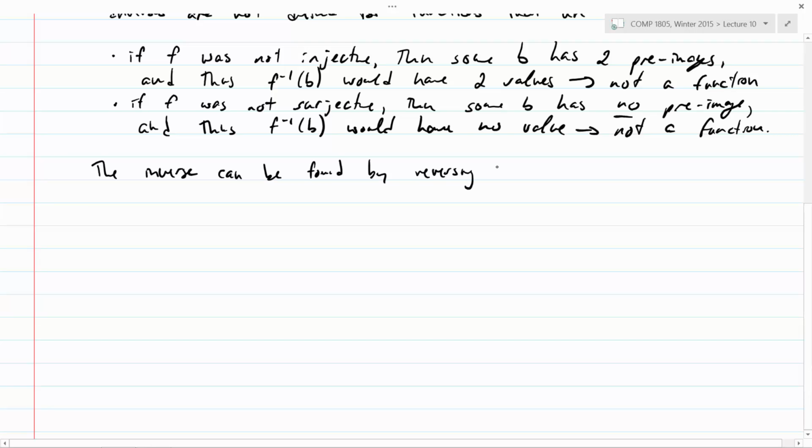So if you think about this in terms of the function diagrams we did, you can find the inverse by reversing the arrows. Right, that's the most natural way. The other way would be isolating the other variable in the formula.